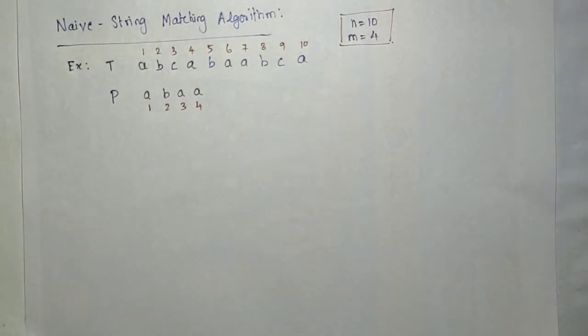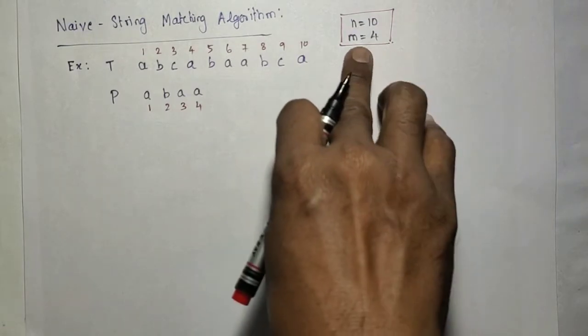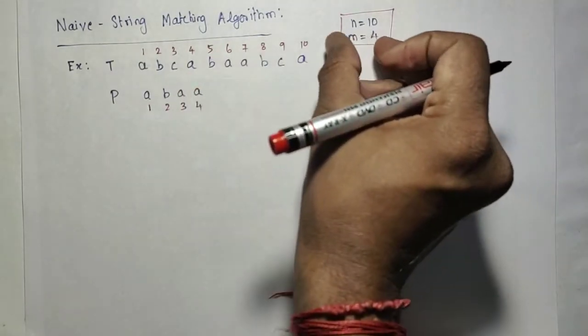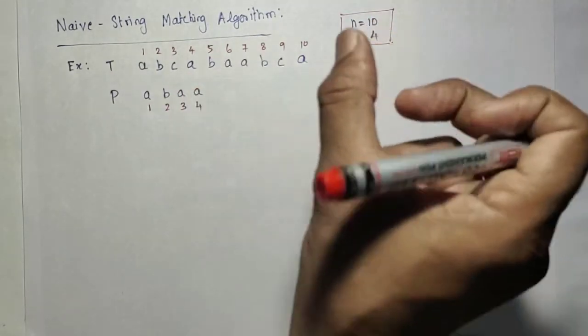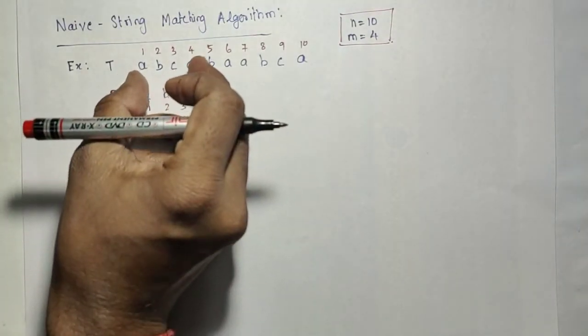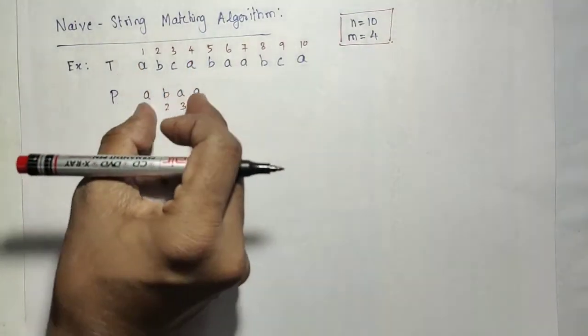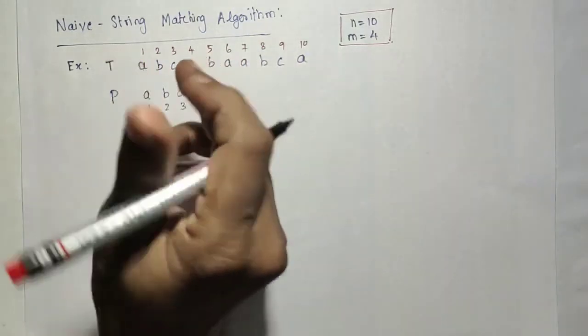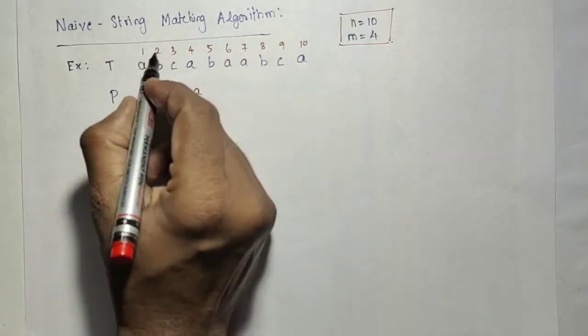This is a straightforward method, the naive string matching method. We need to take m as the length of the second string, m equals 4, so only 4 characters we have to compare. We take the first 4 characters and check whether they match the pattern. If it does not match, you go to the second 4 characters, that is 2 to 5.